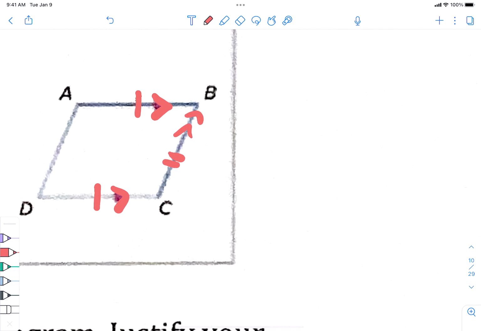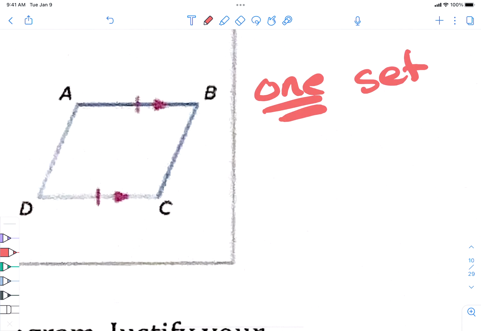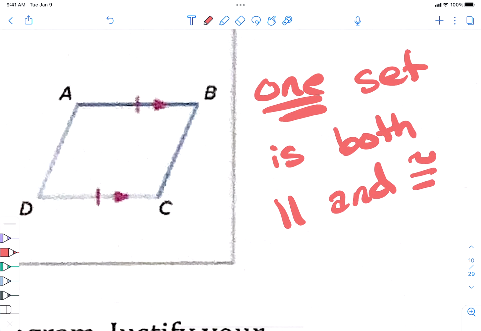This has to be the case even though they're not labeled. So if just one set is both parallel and congruent, the same length, then the other two sides have to be parallel and the same length as well, right?